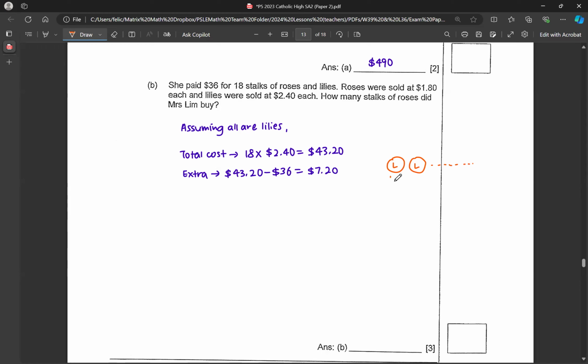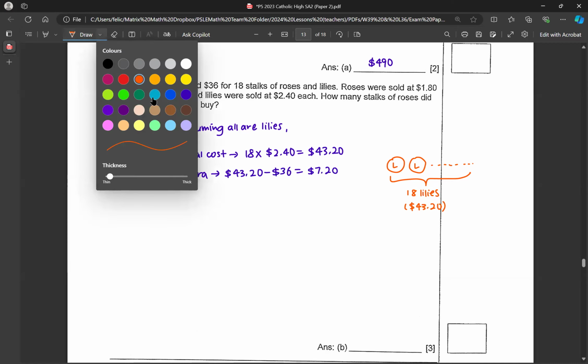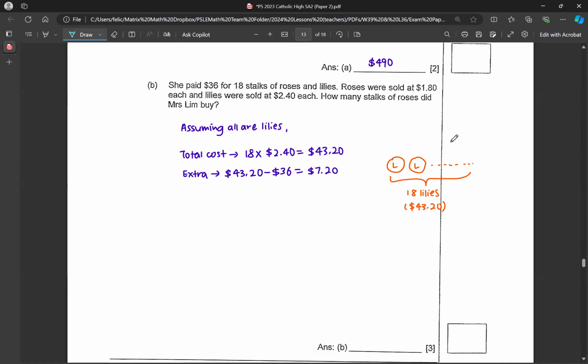This is 18 stalks of lilies. Based on my assumption, 18 lilies cost $43.20. We calculated that in the first step. Since I know the extra to remove is $7.20, I need to write a note here to remove $7.20.